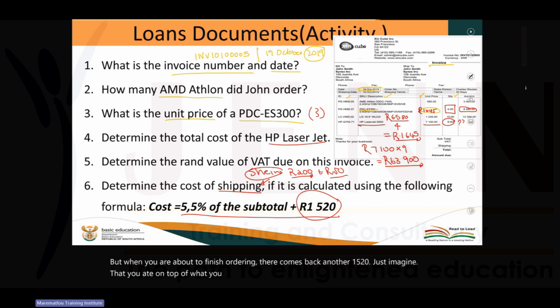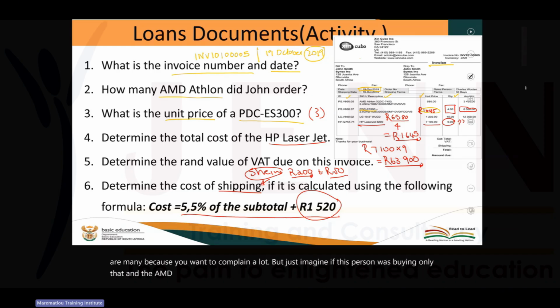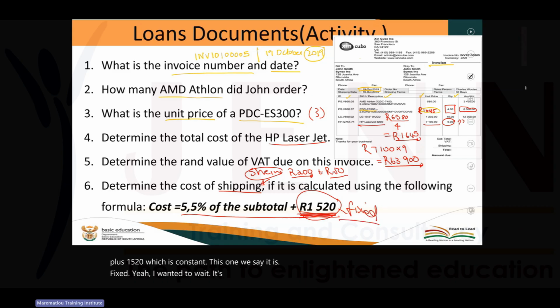So it only works if you are buying many things, because then you won't complain a lot. But just imagine if this person was buying only the AMD whatever that cost 3,480. On top of that, he must still pay 5.5% of that amount plus 1,520, which is constant. This one we say it is fixed. Whatever you have calculated here, after calculating, you always add 1,520.